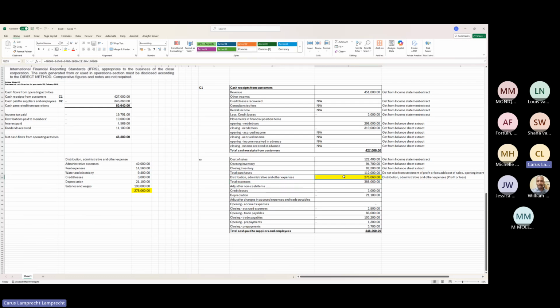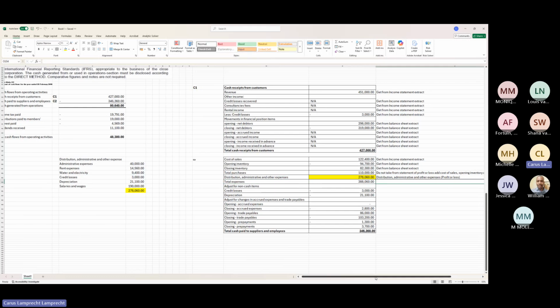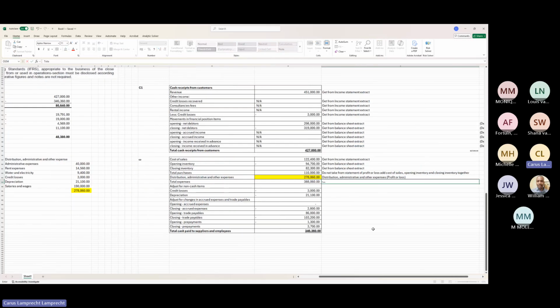So then you take, I'm just gonna make a note here also. You take your total purchases plus your distribution, admin, and other expenses equals total expenses. Okay, so that's important to note. So you take the sum of these two, which gives you your total expenses.